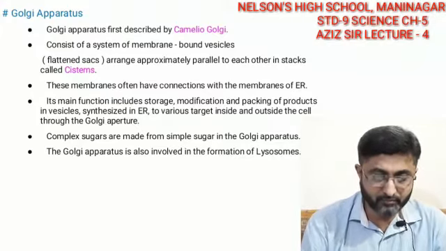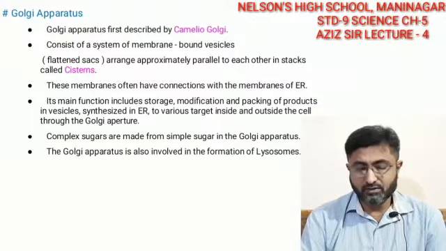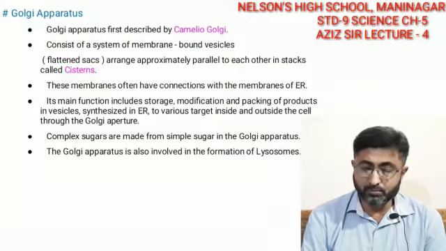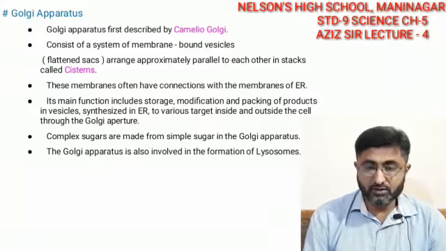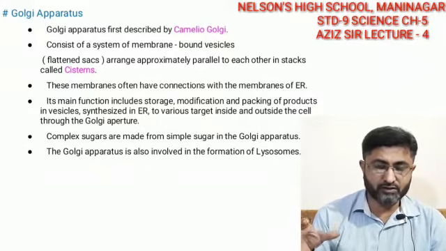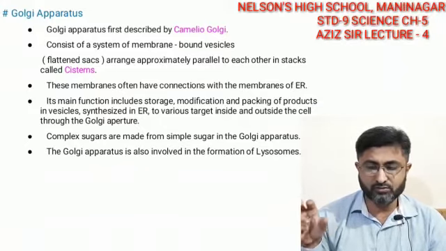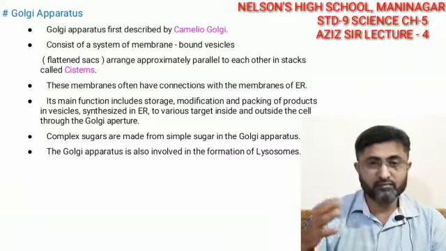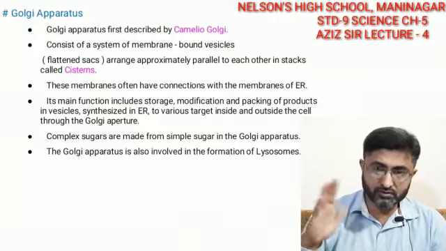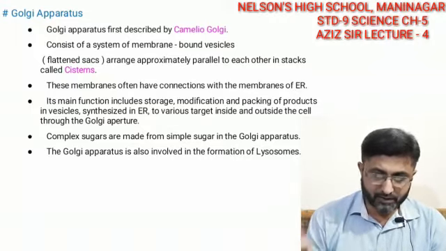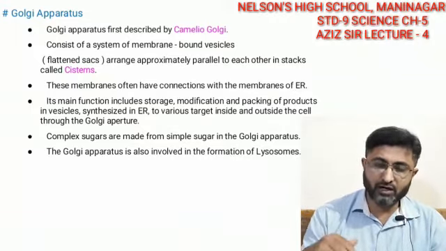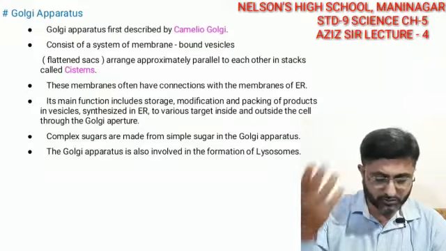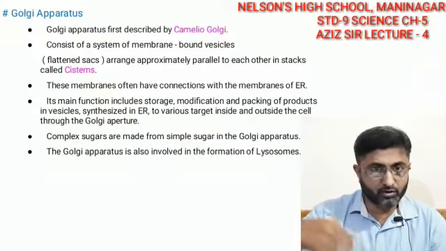Now complex sugars are made from simple sugars in the Golgi apparatus. As I told you, glucose is called a simple sugar, then it turns to amylopectin and amylose, then to starch, and then from starch to cellulose and further. These are called complex sugars.